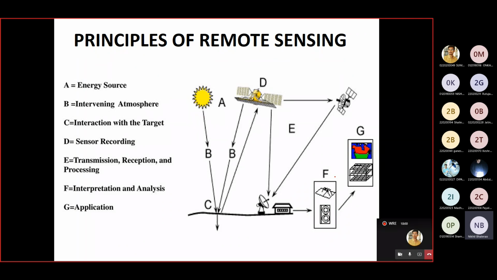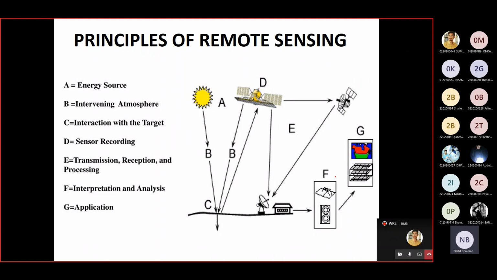So, when these electromagnetic waves fall on any particular object or the earth surface, depending on its properties, like structural, chemical or physical properties, or the surface roughness, angle of incidence and intensity, this energy gets emitted or reflected back.